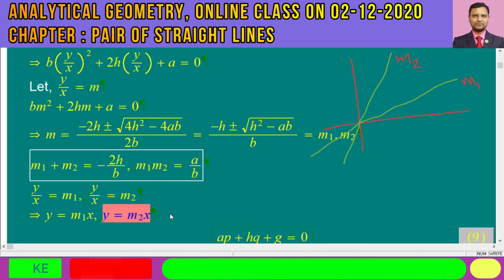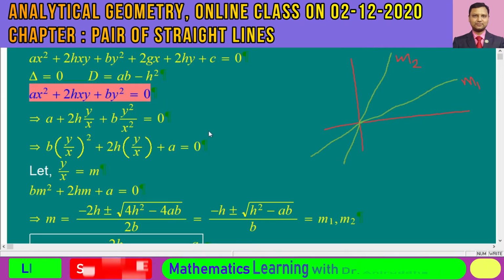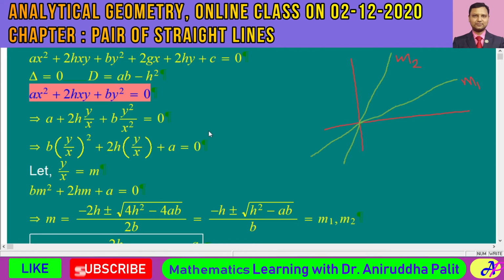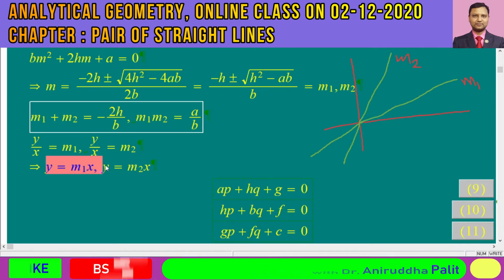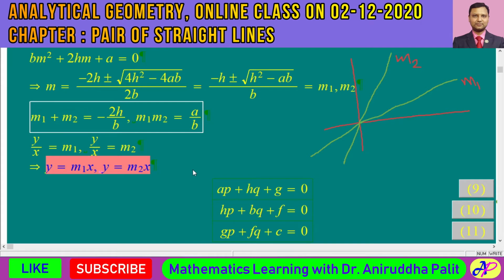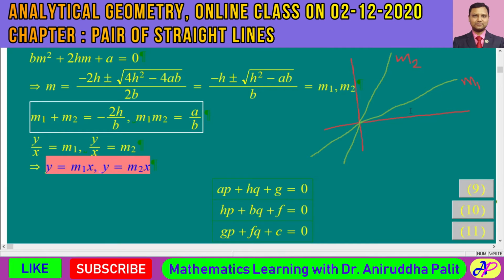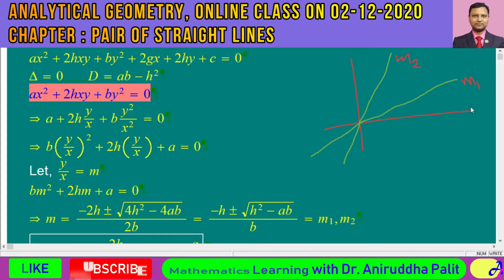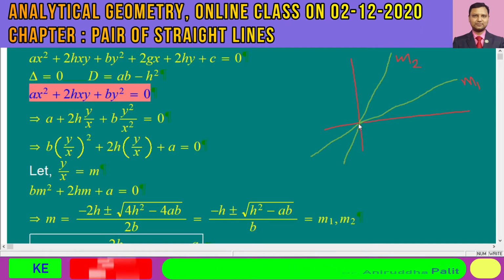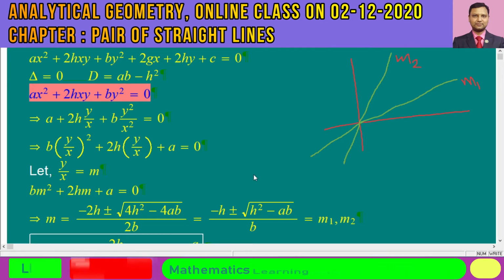These two relations are obtained by the decomposition of this kind of expression, isn't it? So we can say that this kind of expression can always be decomposed into these relations, and these two relations together represent two straight lines. That's why we say that this kind of relation represents a pair of straight lines, and these two straight lines are passing through the origin. মূল বিন্দু বা 0 0 পয়েন্টের মধ্যে দিয়ে এই স্ট্রেট লাইন দুটো পাস করবে। ওকে, ইজ ইট ক্লিয়ার টু ইউ?